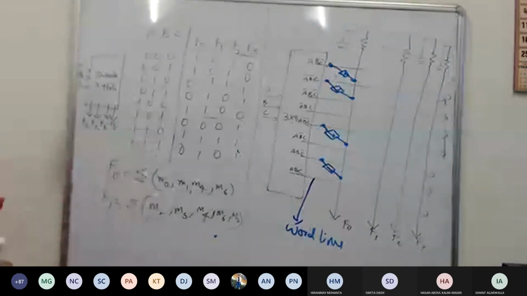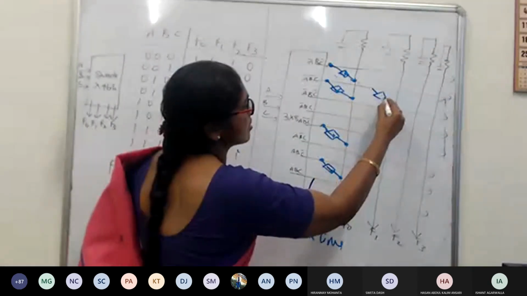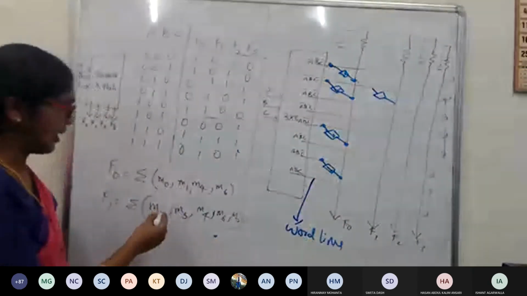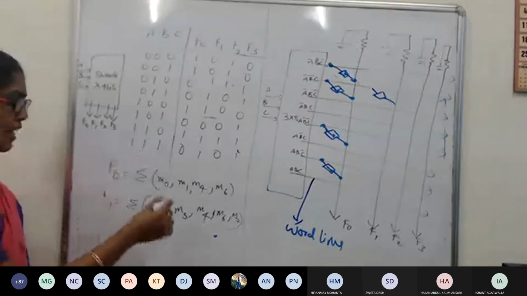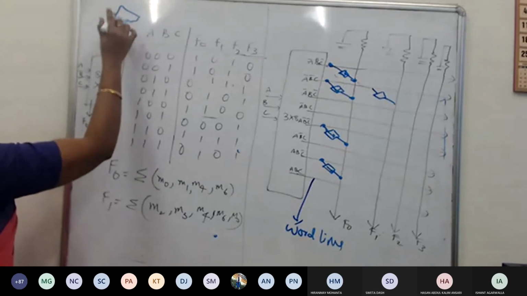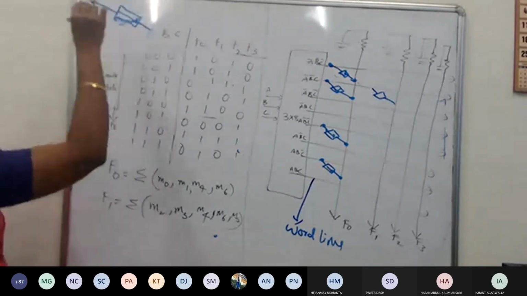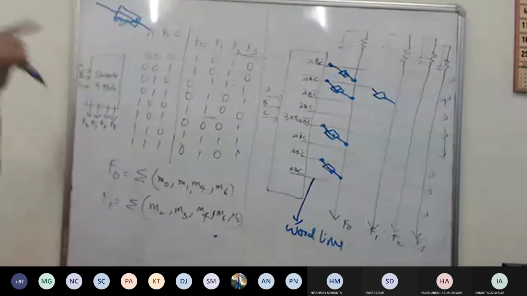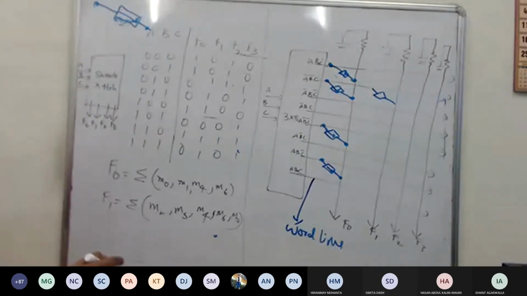That is what the truth table tells. So go on adding your switches. M2. Different notations and different symbols are there. Normally this is how we do it. I'm very bad at drawing, so we will draw like this: a rectangle with an arrow inside, and then a connection at that end and this end. Okay, so M2 is that.